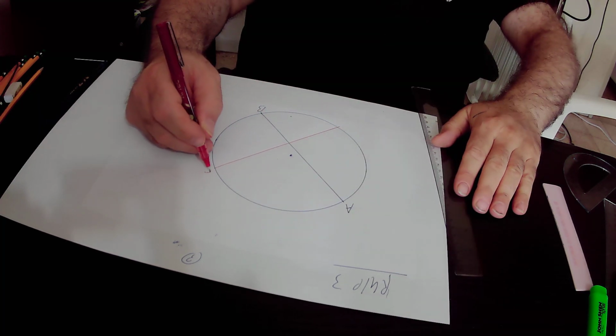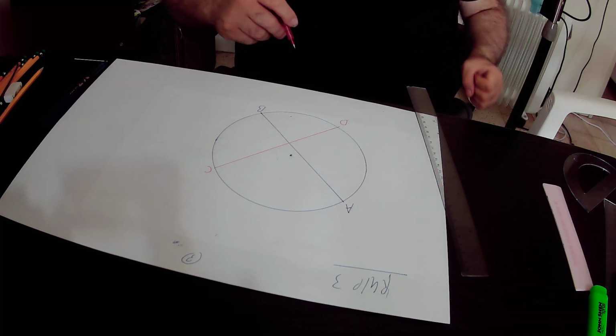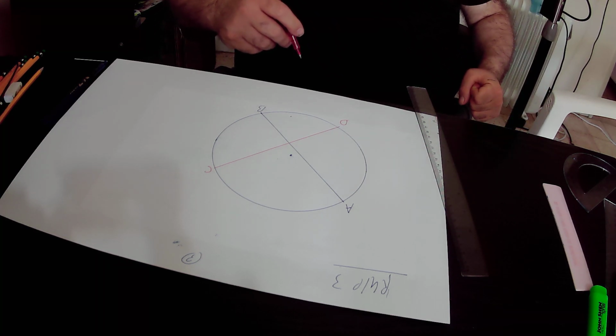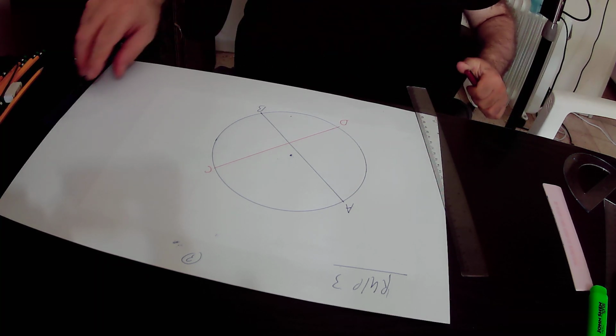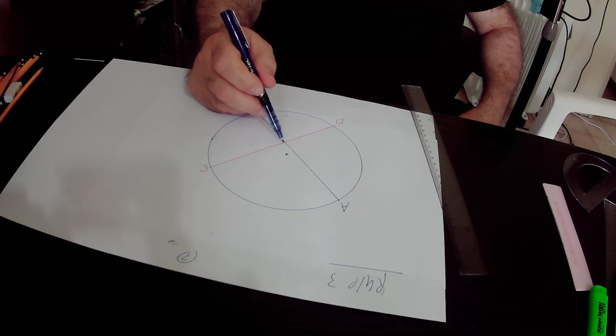Those two chords intersect with each other at this point. This is the intersection point. We'll define the intersection point as point O.